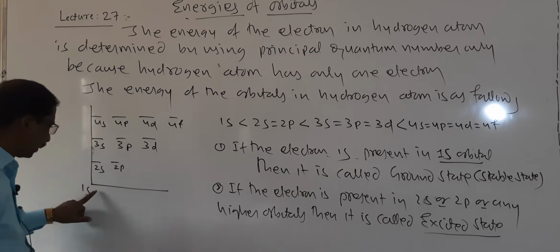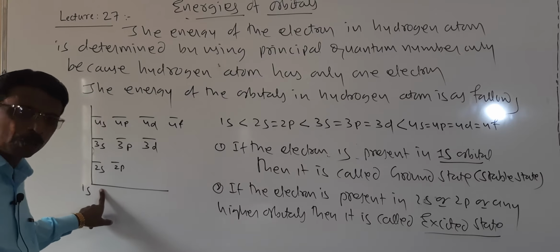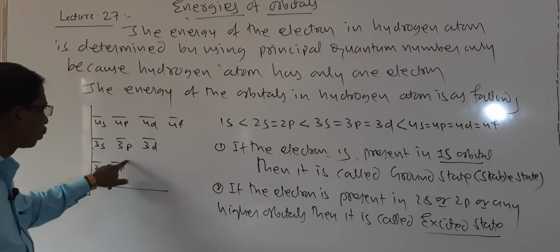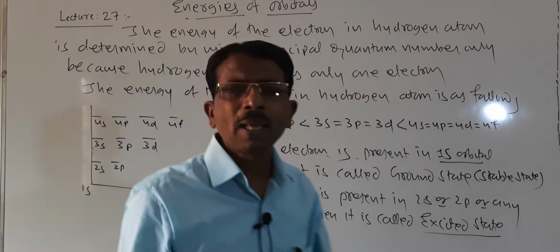If the electron is present in the 1s orbital, then it is called the ground state, and if the electron is present in 2s or 2p or any higher level, then it is called an excited state.